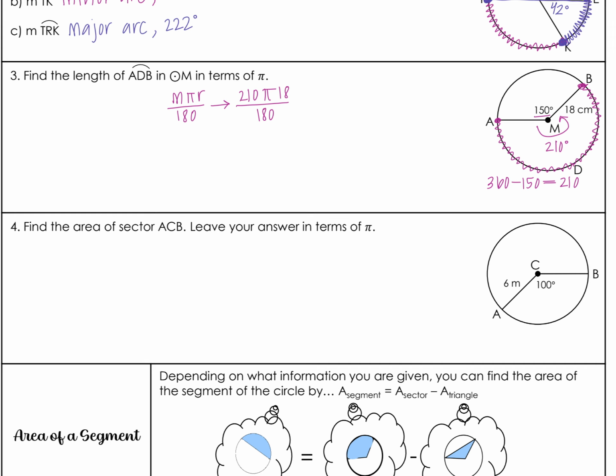I'm going to work through and simplify a little bit. And so here I notice that in my numerator, I have that 210, and my denominator has that 180. And those are both going to be divisible by 10. So I can rewrite this as 21 pi times that 18 divided by 180. Well, here, what's very helpful is the fact that I do have that 18 up top and in my denominator. So I can cancel those two out, and I'm left with only 21 pi.